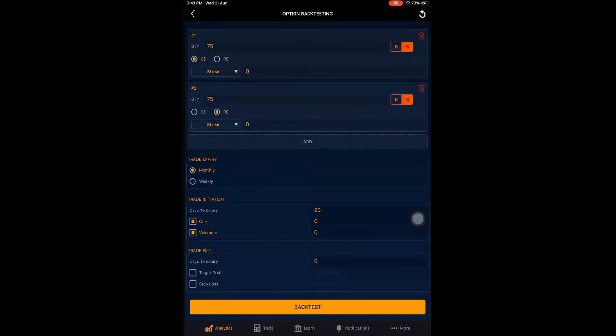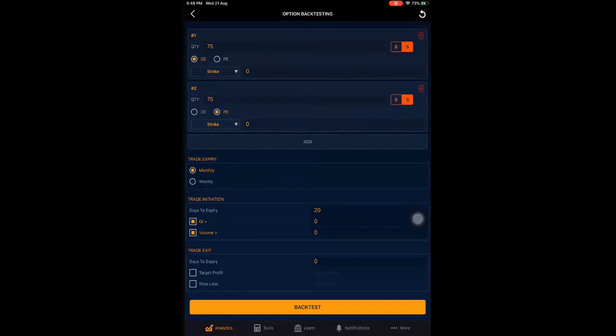Now we have kept something called OI greater and volume greater. It means it will not take the trade where there is no open interest or where there is no option traded. It is very important, why should we trade an illiquid option? In Nifty and Bank Nifty this condition doesn't apply, but when you do stock backtesting, this condition is very important.